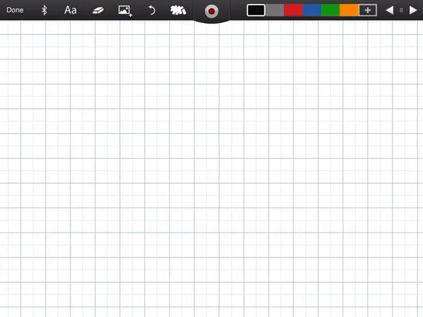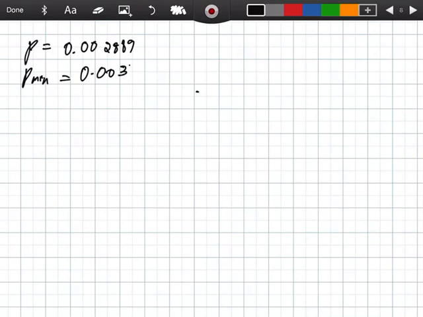Okay, rho. Okay, rho times 20.7 divided by 415 equals 0.002889. Rho mean is 0.00337. So, use rho mean.